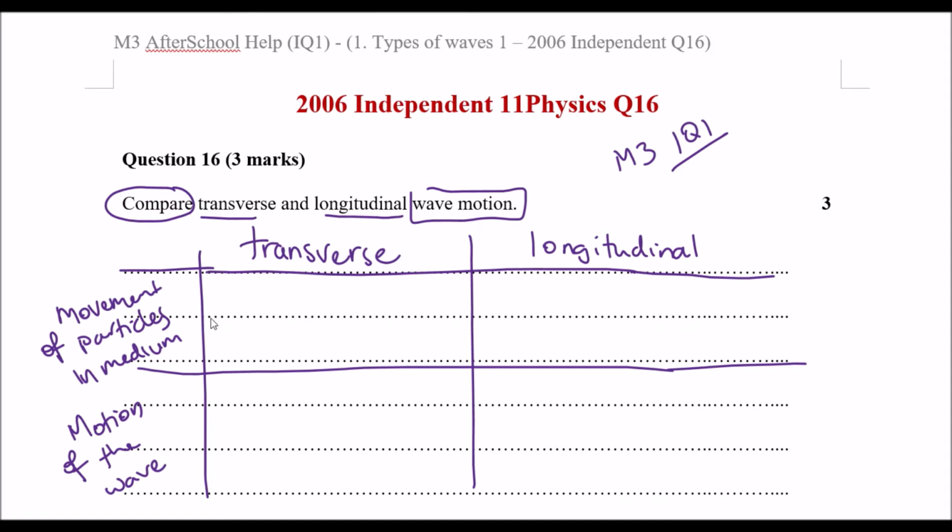So we know that in terms of a transverse wave, and let's do it in a different color. In terms of the motion of a transverse wave, let's assume that the wave is moving in this particular direction. Okay, so they're both moving in that right-hand direction. The particles will move perpendicular to the motion of the wave.